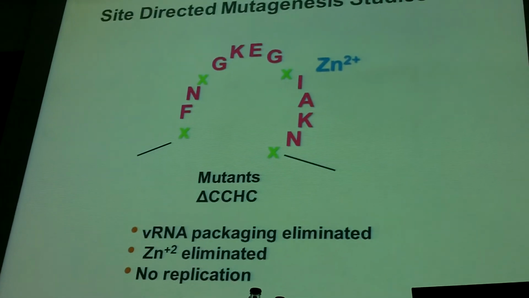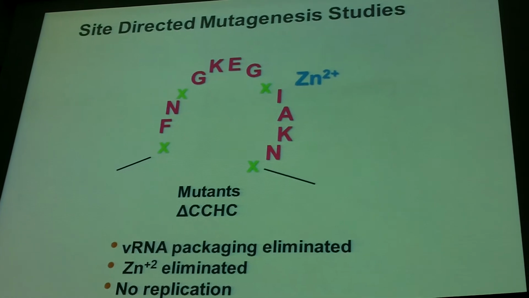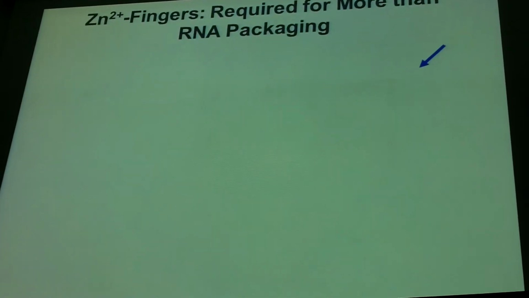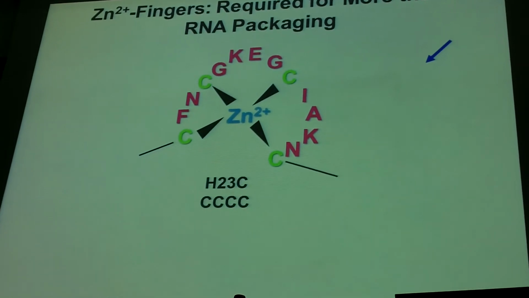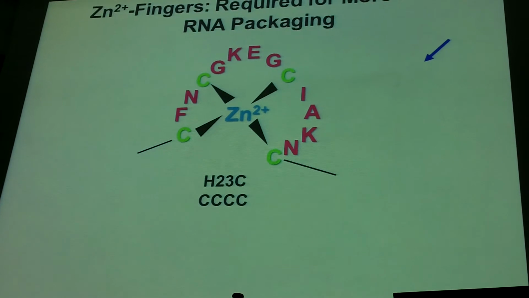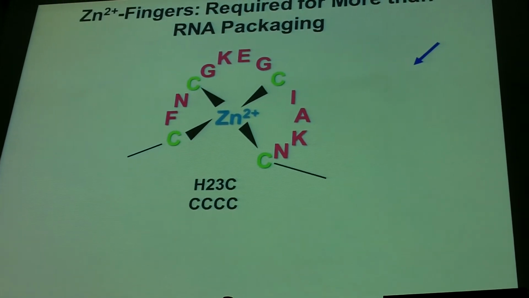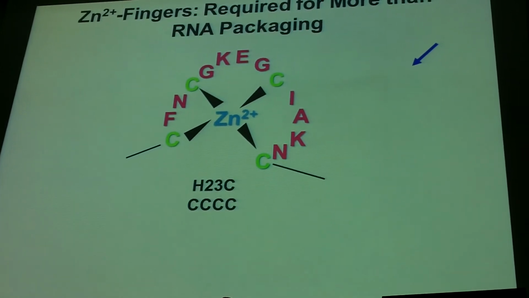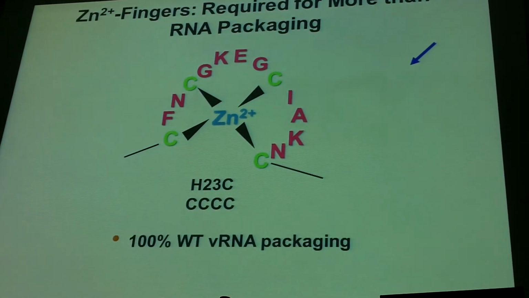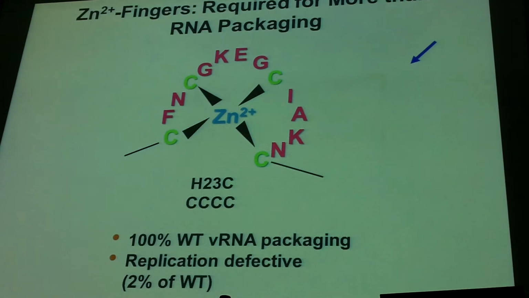The virus packaging was eliminated, the zinc was eliminated, and there was no replication, obviously. But the other experiment that I was particularly impressed with is when he replaced the histidine with cysteine so that he got zinc coordination, he had a functional molecule there, the CCCC. It packaged 100% of the wild type RNA, but it was replication defective.